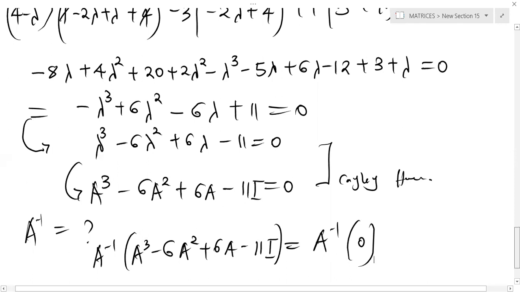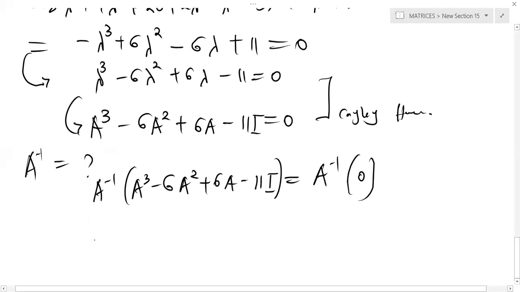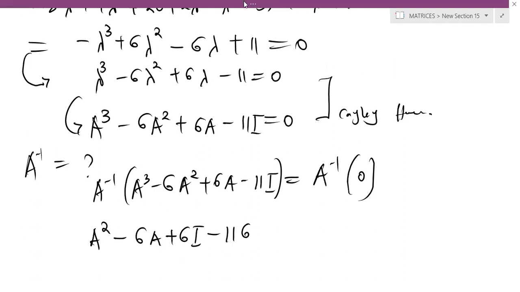So what does that translate to? That will give us A squared, if you open the bracket, minus 6A plus 6 identity minus 11 A inverse.